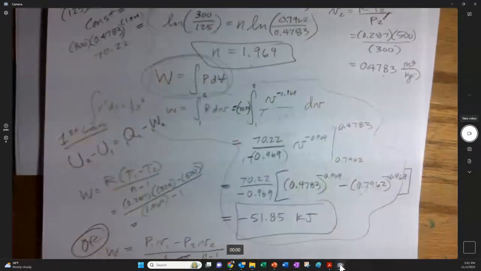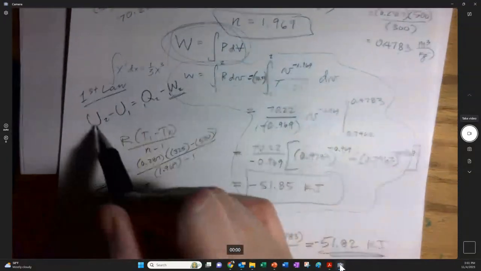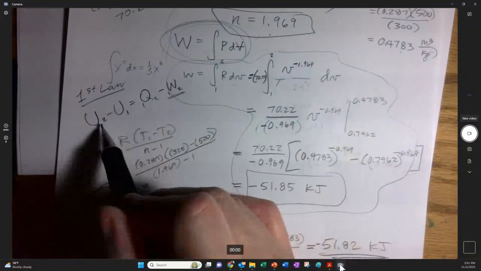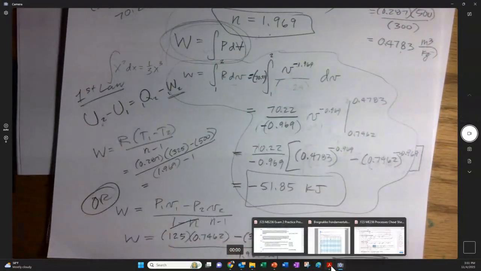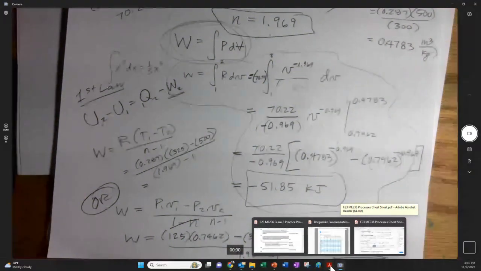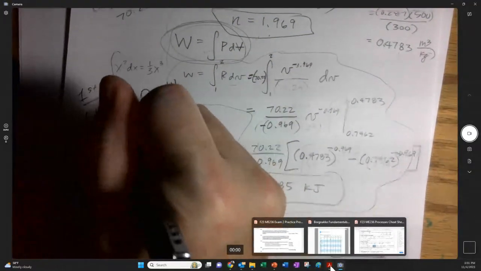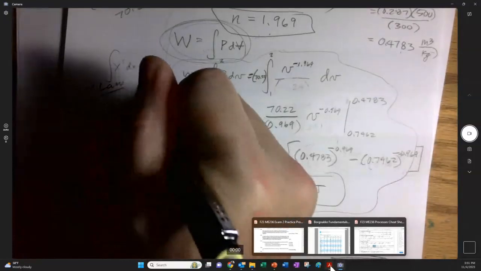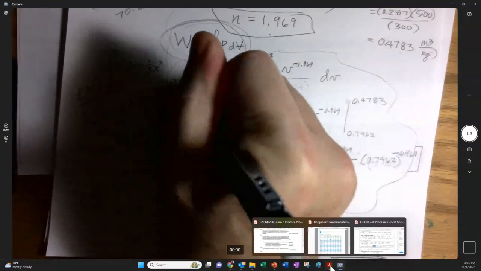We just found the work for this. The U2 to U1, because it's air, we could look this up, right? We might need the mass because this is on a per mass basis.